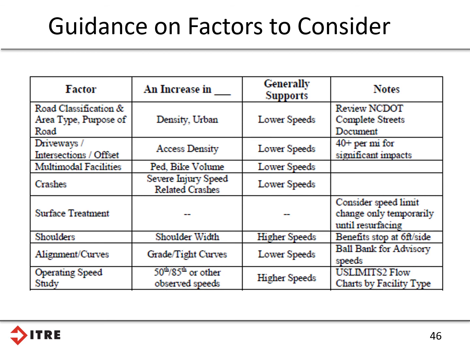You may look at alignment and curves. Generally, an increase in the grade of the roadway or the sharpness of curves supports lower speeds, and a ball bank study can be used for advisory speeds in the case of very sharp horizontal curves. Again, these are just some of the elements that research shows us have an influence on speed limits.